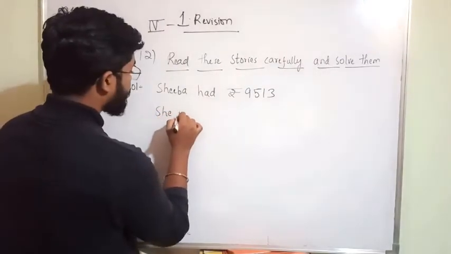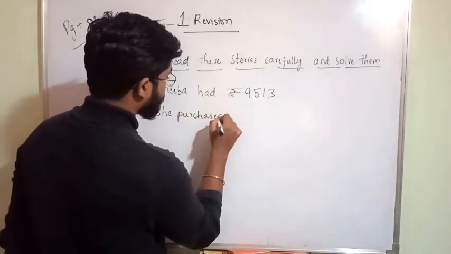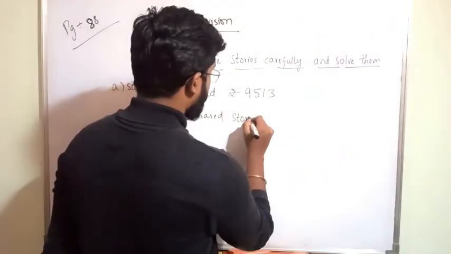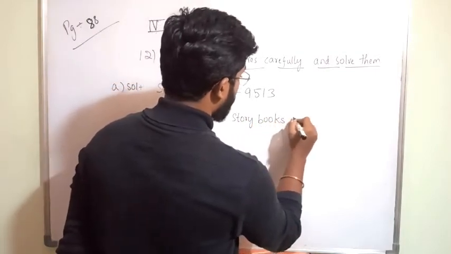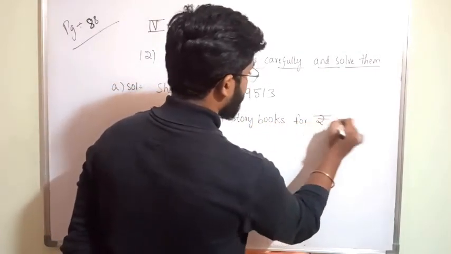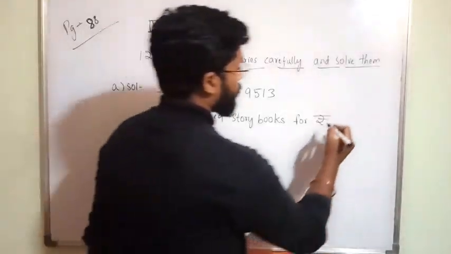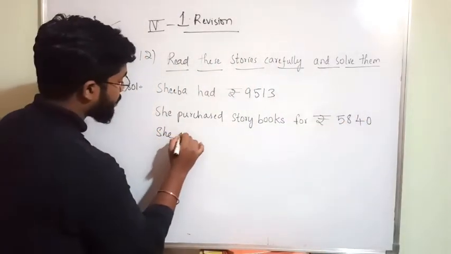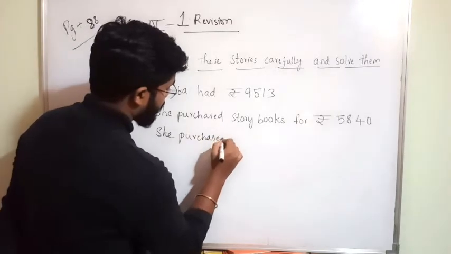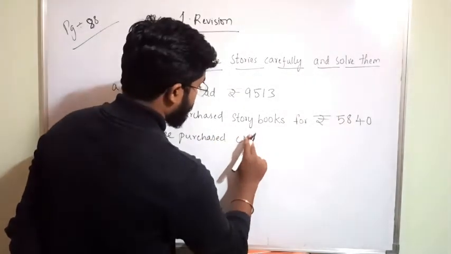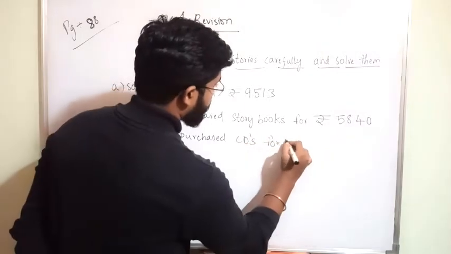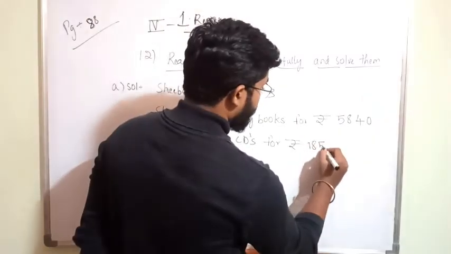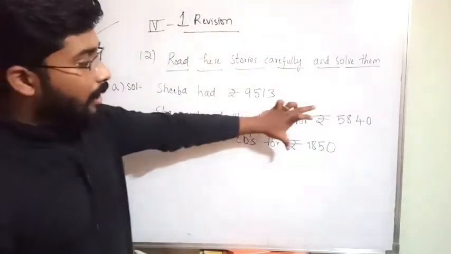She purchased storybooks for rupees 5,840. Next, she purchased CDs for rupees 1850. Okay, so first you have to add these two.